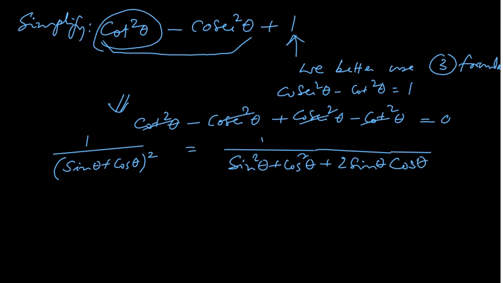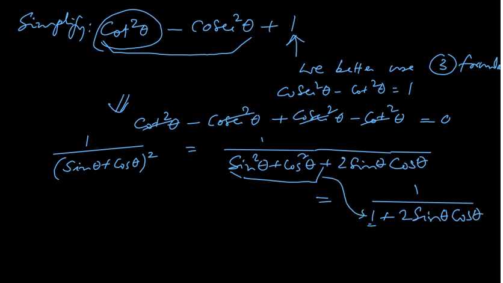Then you replace sin square theta plus cos square theta by 1. This is part of the simplification process. Whether or not they ask us to, in trigonometry, when it's sin square theta plus cos square theta, we should replace it with 1. So now you are seeing 1 plus 2 sin theta cos theta.